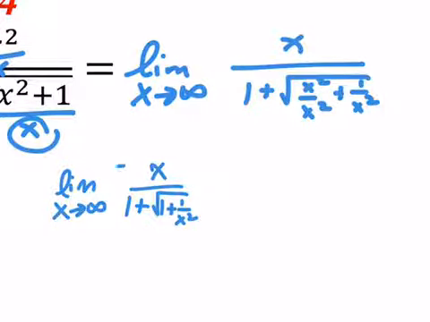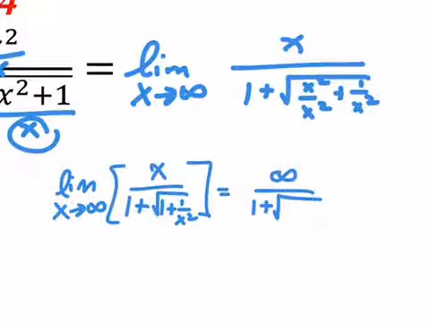So if I take the limit as x goes to infinity of this thing, what will I get? Well, I'll get infinity over 1 plus the square root of 1 plus 0, it looks like to me. As x goes to infinity, this term is going to go to 0.